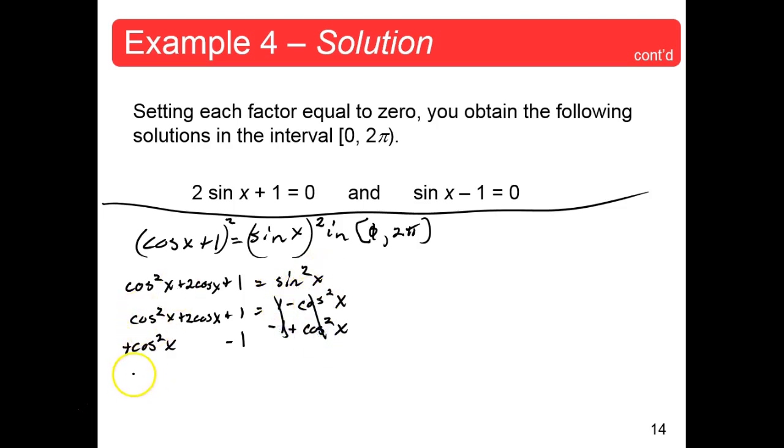So what do we have on the left-hand side? 2 cosine squared x plus 2 cosine x. And that's all, folks, because that adds to 0. And this equals 0. Now what do we do?